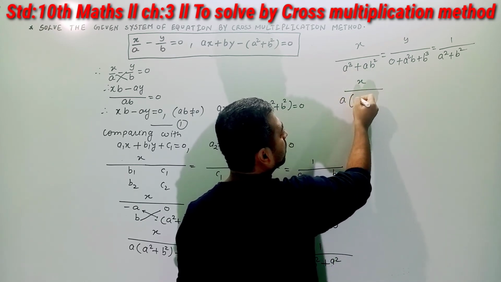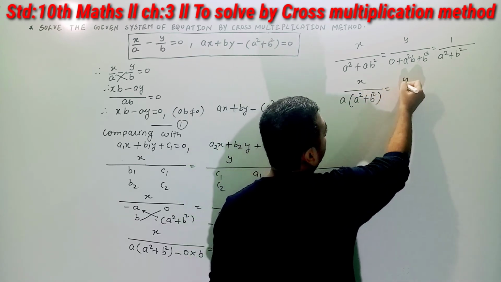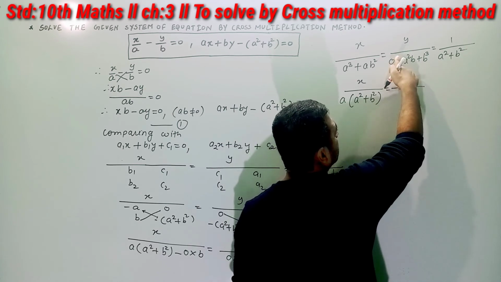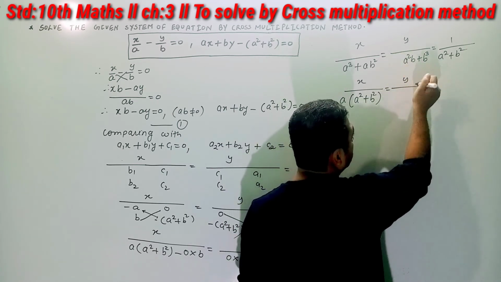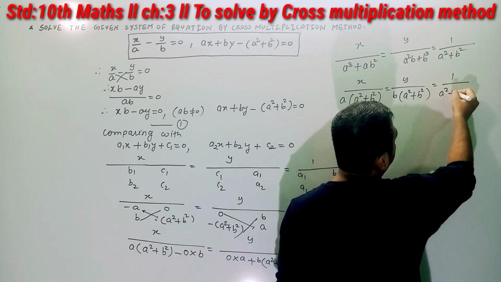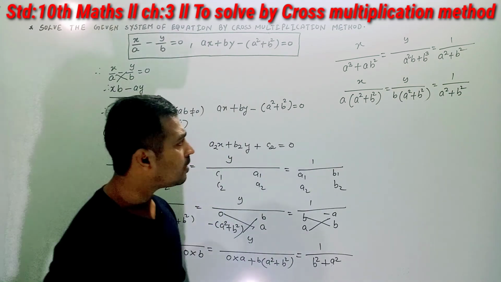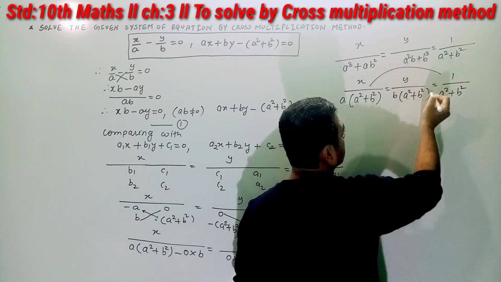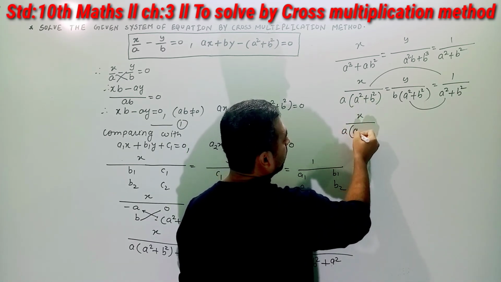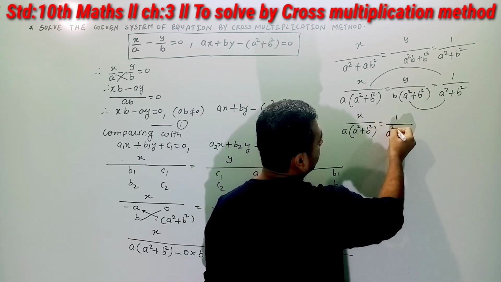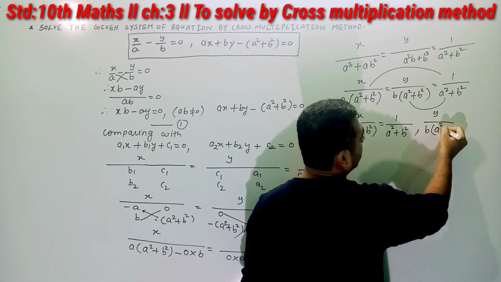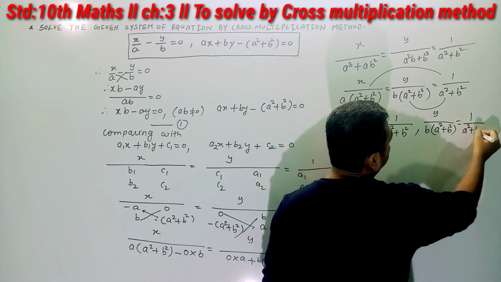A will be common, so we can write x upon a into (a square plus b square), and y upon b into (a square plus b square), equal to 1 upon a square plus b square. Now comparing the x term with the constant and the y term with the constant term.